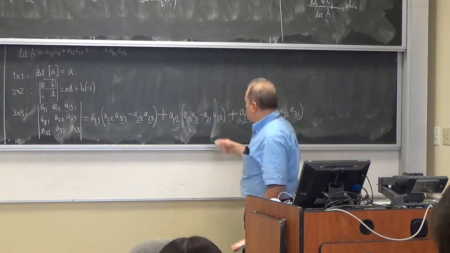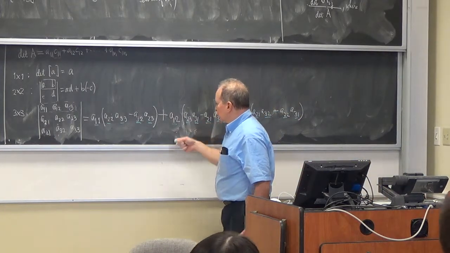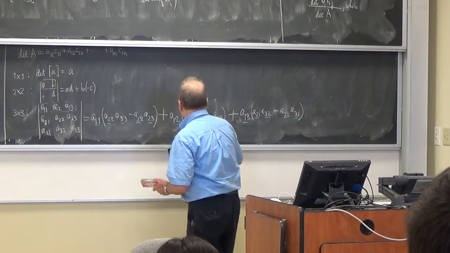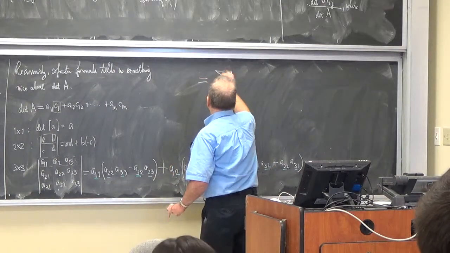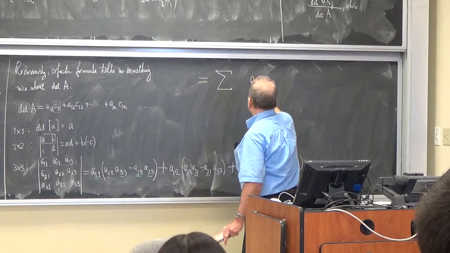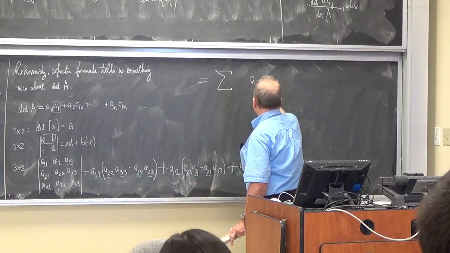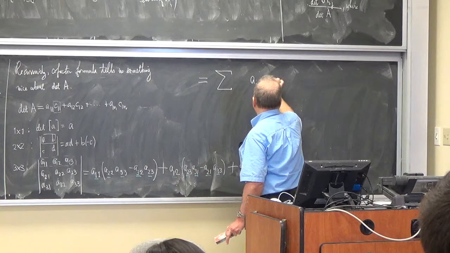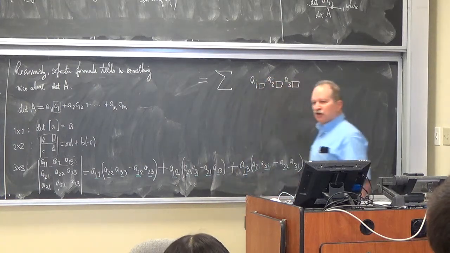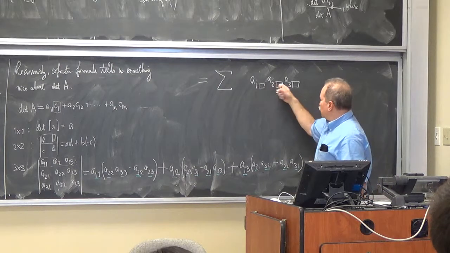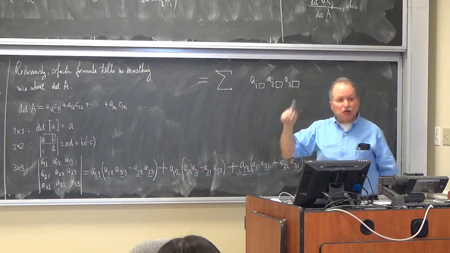You're taking all possible things of the form A1 somebody times A2 somebody times A3 somebody. And as Ken said, the 3 somebodies have to be 1, 2, 3 in some order.